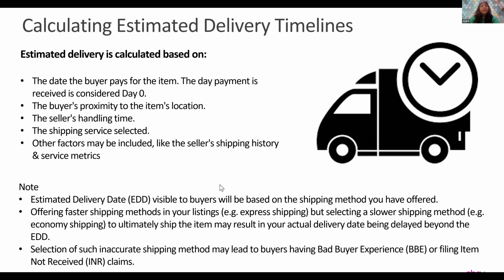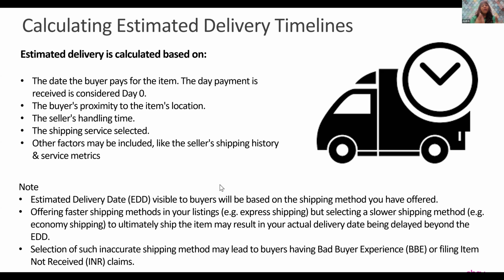And that's why we at eBay always show an estimated delivery date on the eBay listings to all the buyers. The estimated delivery date, or the EDD, is affected by various factors such as the date when the buyer has paid for the item, that means the payment confirmation date.